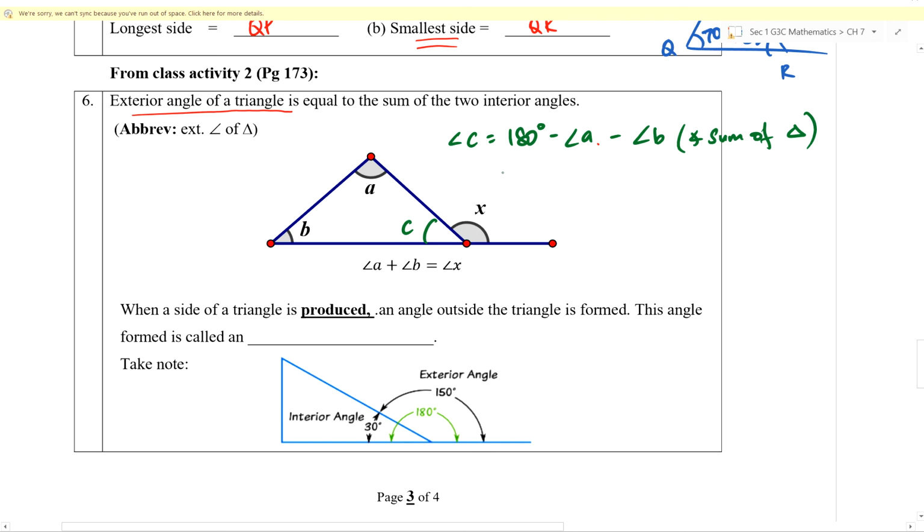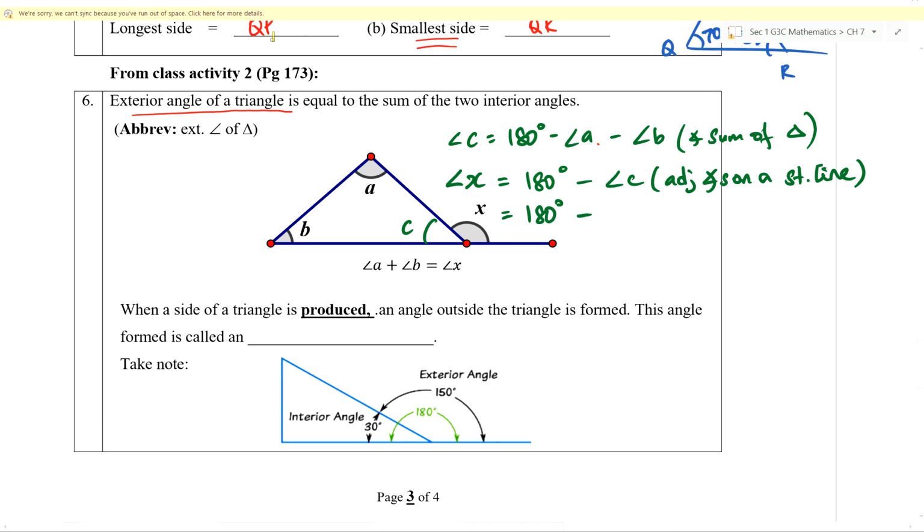So this is my angle C. If I want to find the angle X, it must be 180 degrees minus angle C. Reason, adjacent angles on a straight line. Now we have the opportunity to substitute angle C. So early on we said that C can be replaced by 180 minus A minus B.